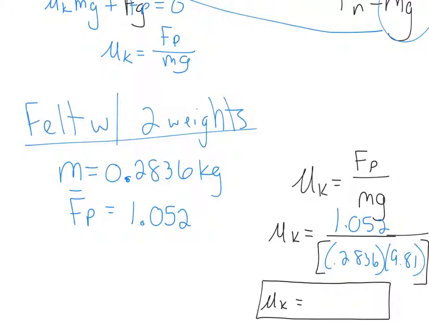What do you got? 36.5. 36? Yeah, that's not right. Can't be right. Come on. Parentheses surround your denominator, please. You did 1.052 divided by 0.2836, and then you multiplied that by 9.81 accidentally. You need parentheses around your denominator. 0.2836. It's this number right here.